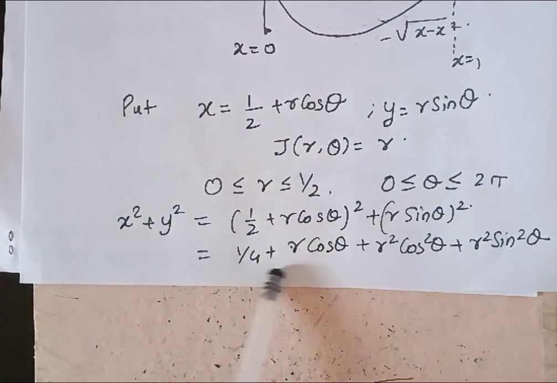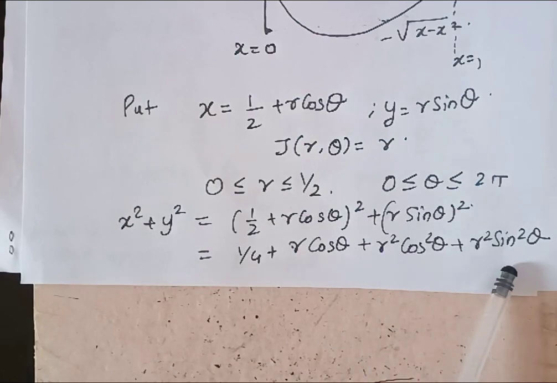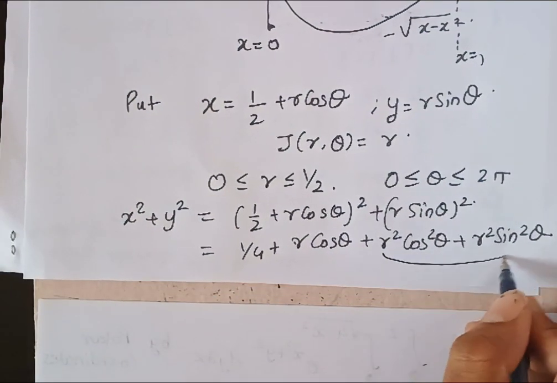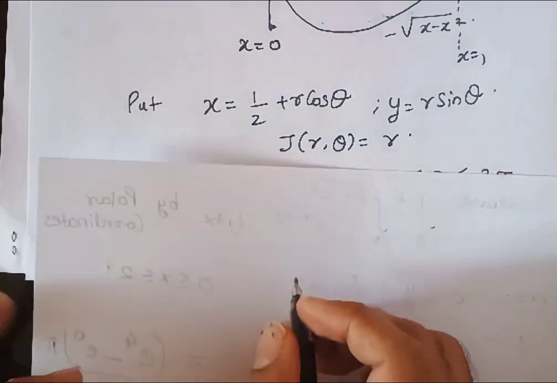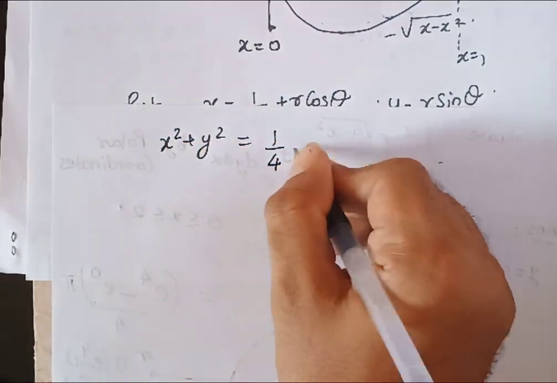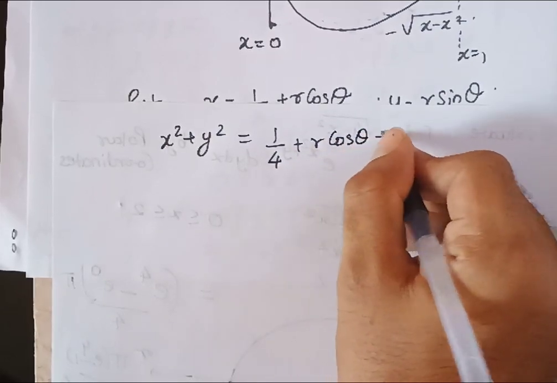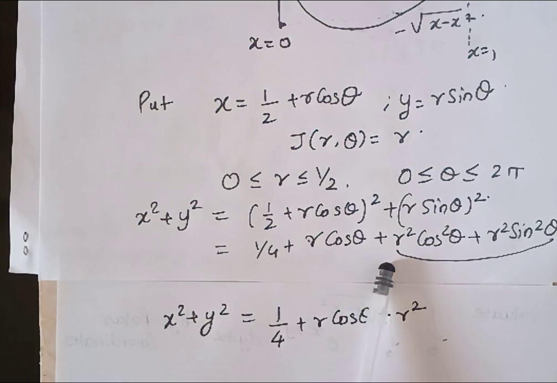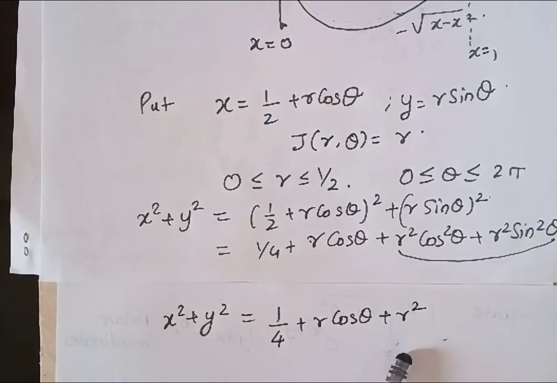Here (a plus b) the whole square gives this, and the other term is r square sin square theta. If I combine them, that will just give me r square. So x square plus y square is 1 by 4 plus r cos theta plus r square.